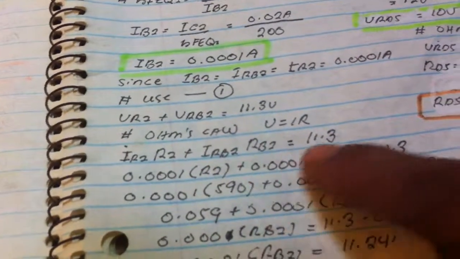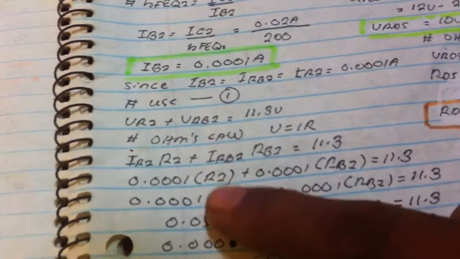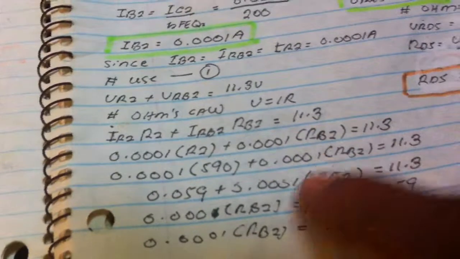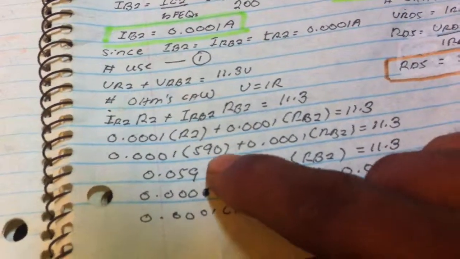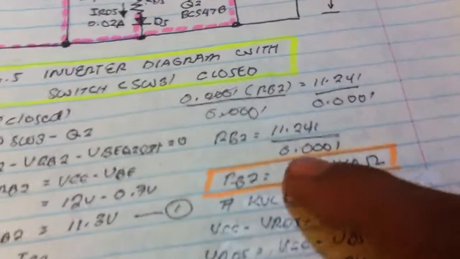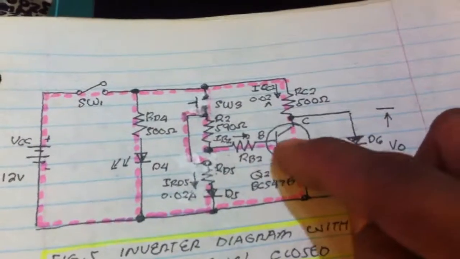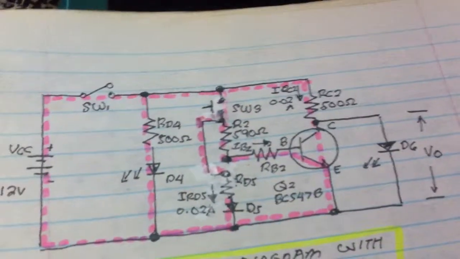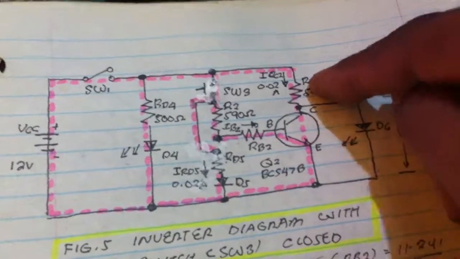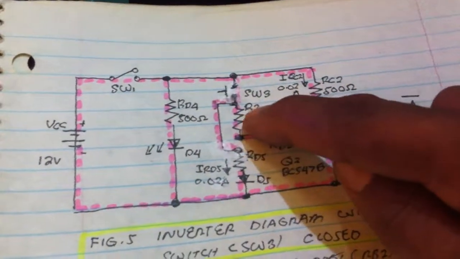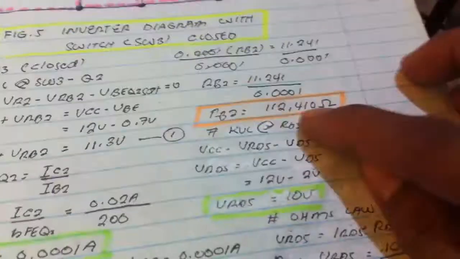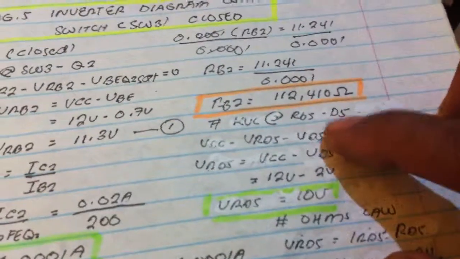In terms of Ohm's law, since they are in series, and we know the value of R2, 590, by computation we get 112,410 ohms. So RC2, RB2, and R2 are arbitrary values for the input LED. Upon closing the switch using KVL, we now got this value.